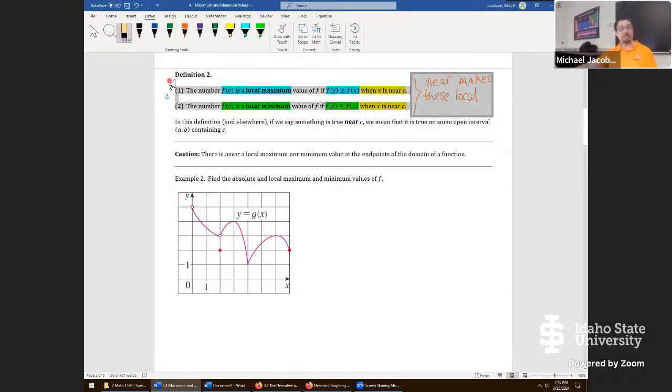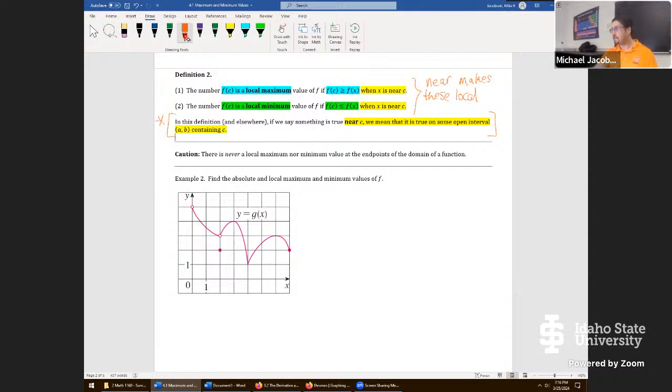This is the qualitative way we think about definition 2. But if we ever have to be more specific, this is what he means by near c. When we say something is true near c, we mean that it is true in some open interval (a, b), you have to take your interval around that value, that contains c in question. So this will come into effect.